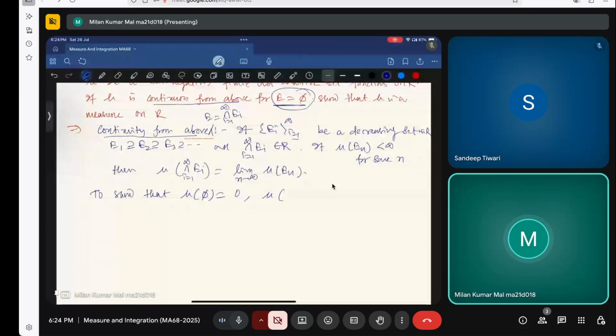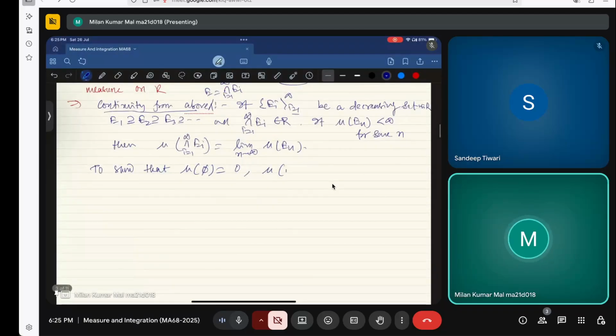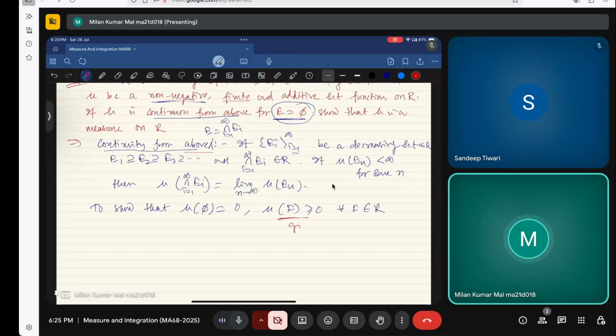Second, mu of any set is non-negative, which is already given, so mu of F is greater than or equal to 0 for all F belonging to the collection R. This fact is given because it is a non-negative function, so that's not needed.